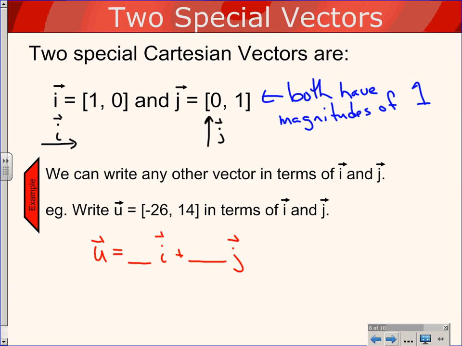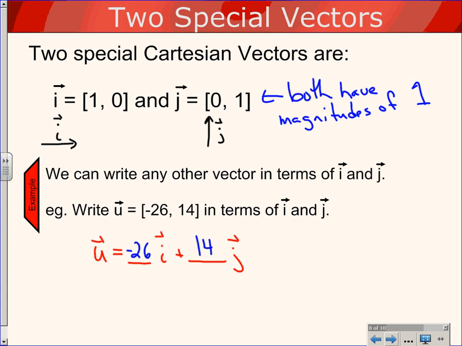Vector i goes right 1. So I need to change the direction, but I need 26 of them. So I just put a minus 26i there. And vector u needed to go up 14. Well, vector j goes up 1. So I just need 14 vector j's. So that's one way that I can use i and j. Not an exciting example, but it's something that we can do with them.